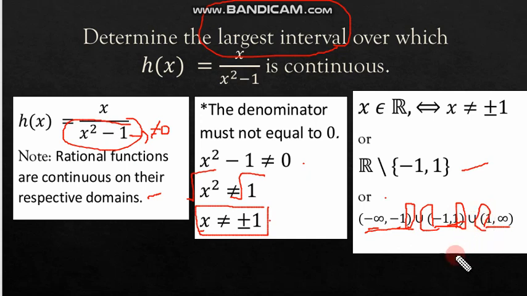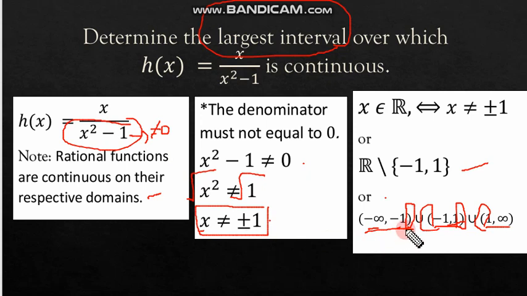We use parentheses for this one because we must exclude negative 1 and 1, because negative 1 squared minus 1 is equal to 0. That means that our function is undefined. The same goes for positive 1. So it is excluded.